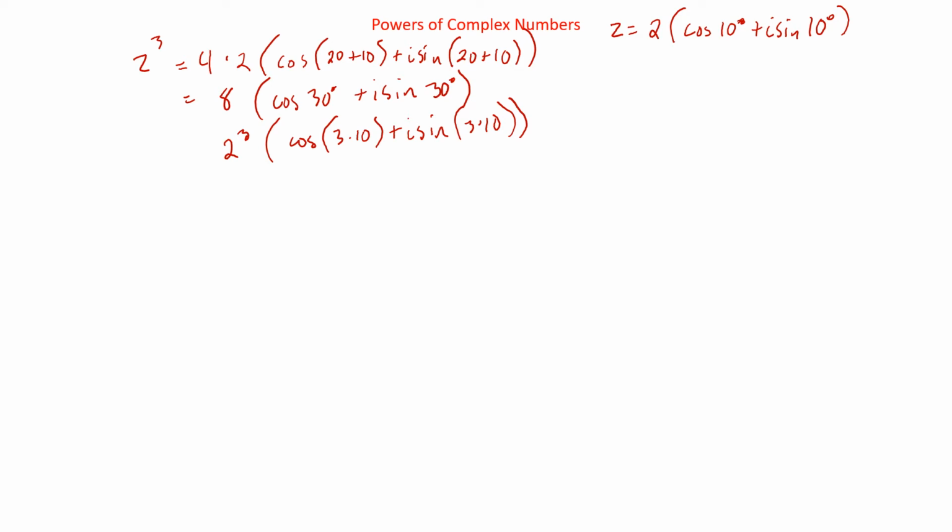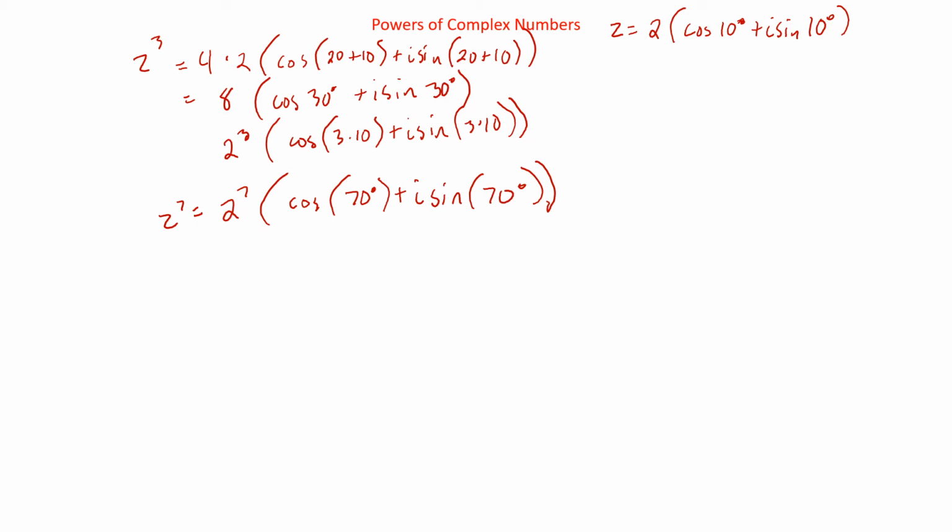So if we wanted to go z to the 7th, this is just going to be 2 to the 7th times cosine of 7 times 10, which is 70, plus i sine 70. I mean, 2 to the 7th is a decent sized number that we'd have to figure out, but that's super quick.